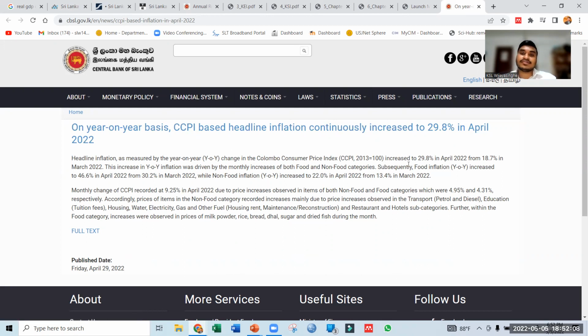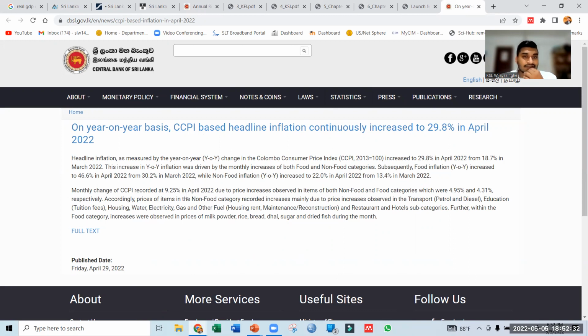Colombo Consumer Price Index, and they have given information. How the price index is made is a different topic. If you can recall from A levels, there is a price basket, that is, there are products inside that basket. The index is made by taking the prices of those products and an aggregate value. So that's a separate story.